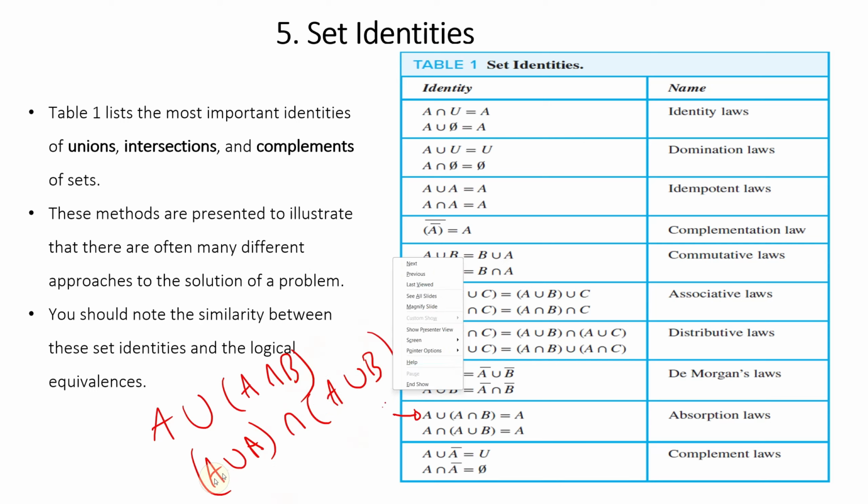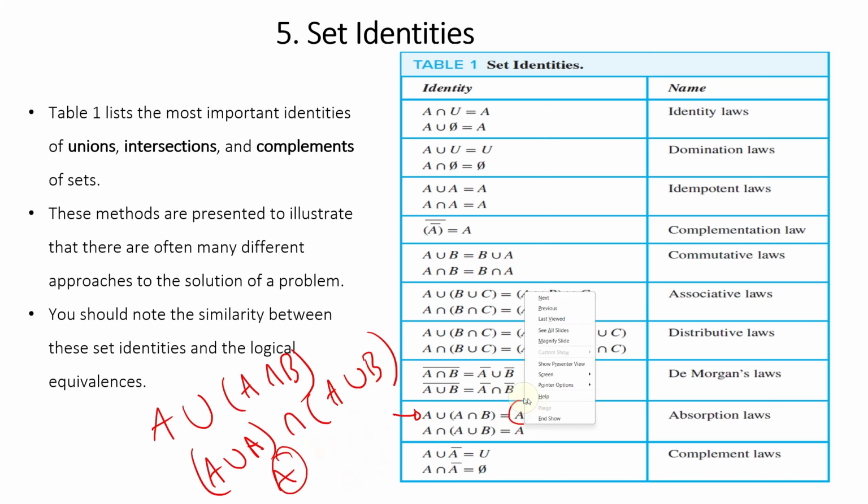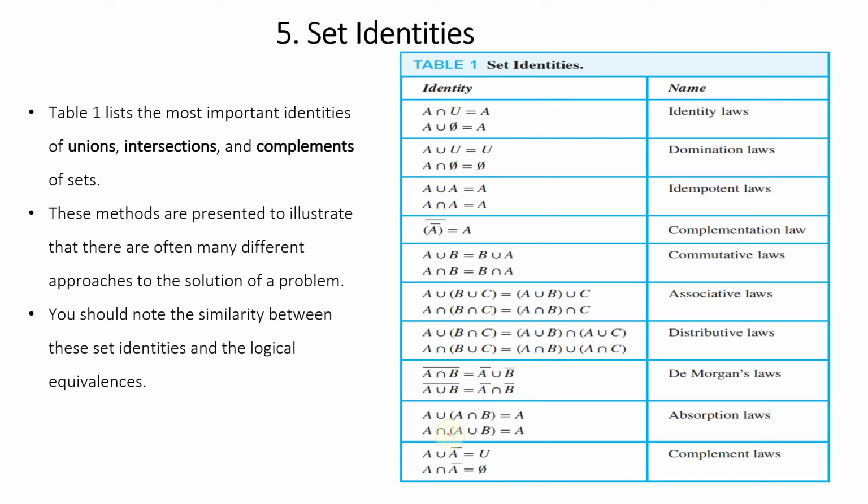The union of A and A is A. And the intersection between A and (A union B), what is in common between A and A union B? Basically that's A. So that's why we have that. By just doing the distribution, you get to this identity. It's called the absorption law.